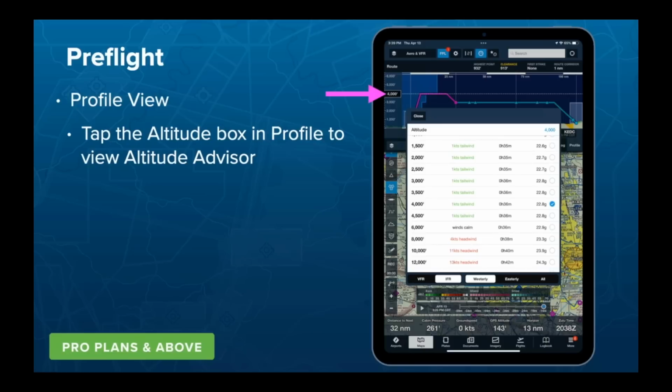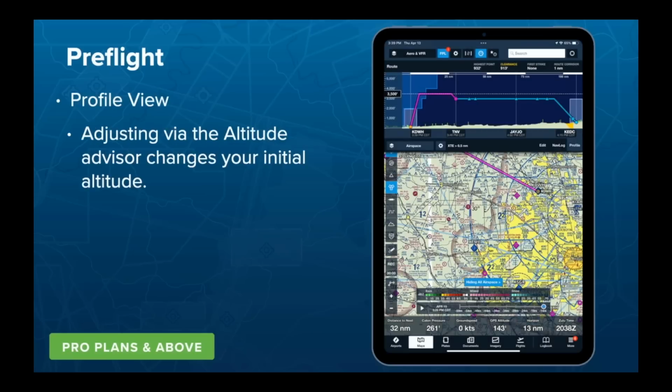So we'll go ahead and change that altitude to say 3,500, for instance. And once that's set, you'll notice your initial altitude has been changed, and the rest of your route is set as we set initially.